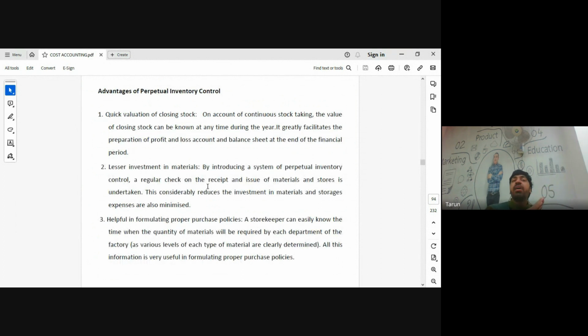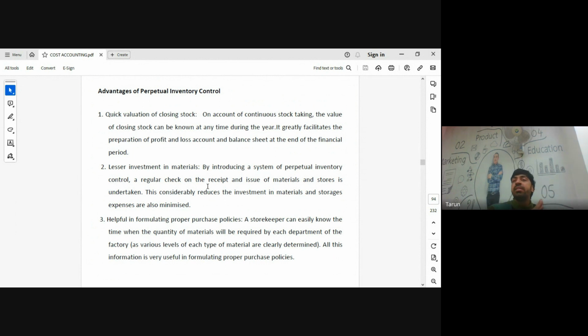As I told you, the virtual inventory system is a method to record real-time transactions, which refers to how much stock has been received and how much stock has been sold, through the use of technologies. That is called the virtual inventory control.